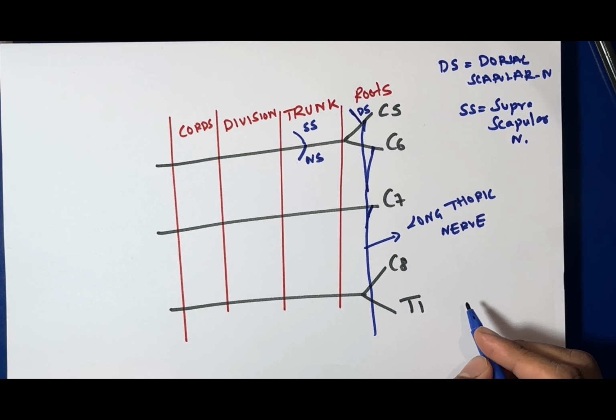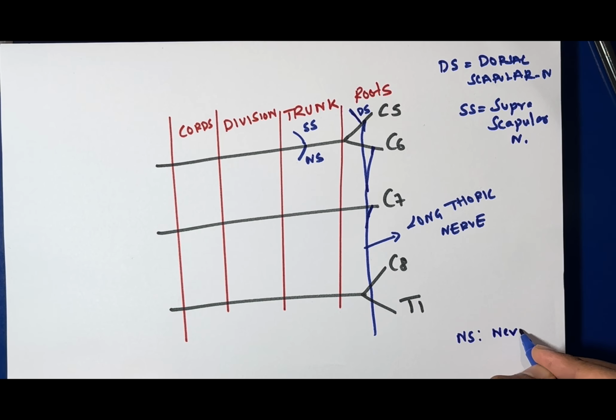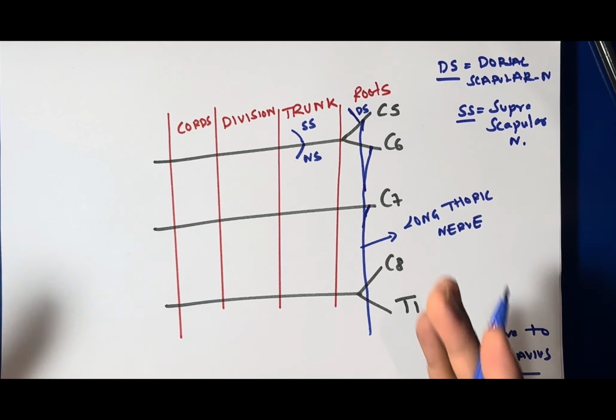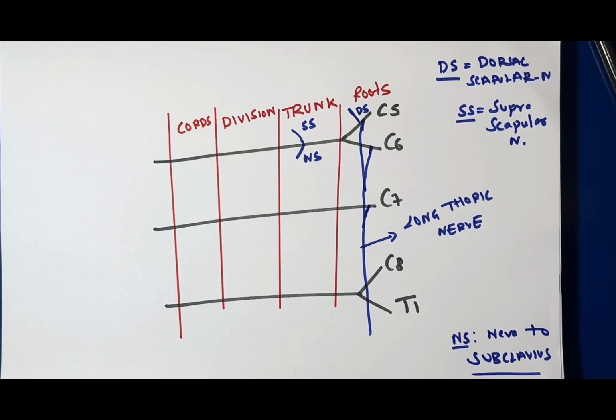What is NS? Nerve to subclavius. So you have seen the branches from roots, trunks. So what this nonsense you have seen is little making sense now. It will become more sensible if we go further. Okay. Roots, trunks, done, finish.